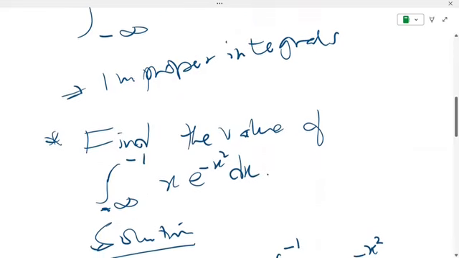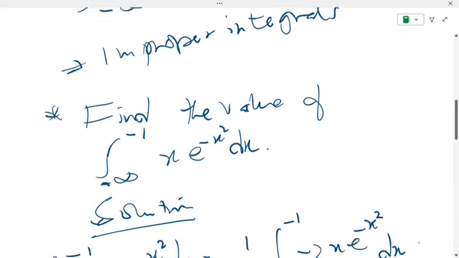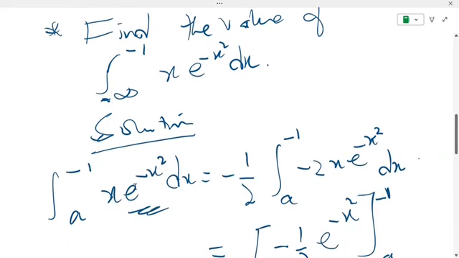Now we want to look at an example. Find the value of the integral running from negative infinity to negative 1 of x e^(-x^2) dx. If we differentiate negative x squared, we get negative 2x.